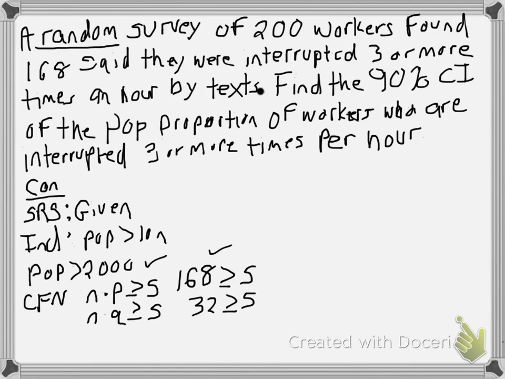Well, the problem is pretty straightforward. What is p hat? p hat is 168 over 200, plus or minus z of alpha over 2. Well, we've got 90%. What was our 90% number? It was 1.645.